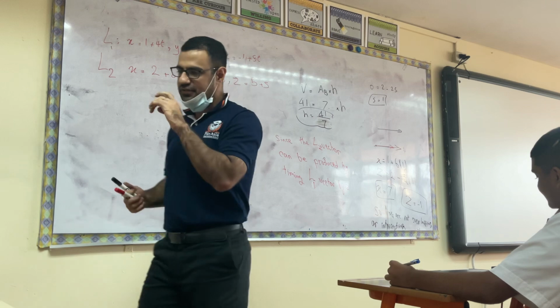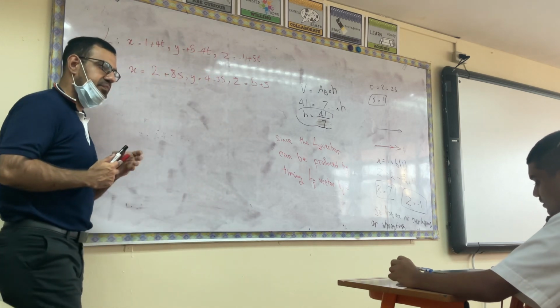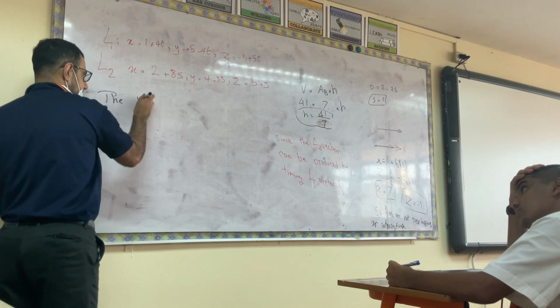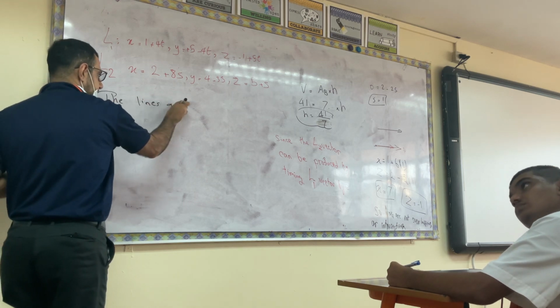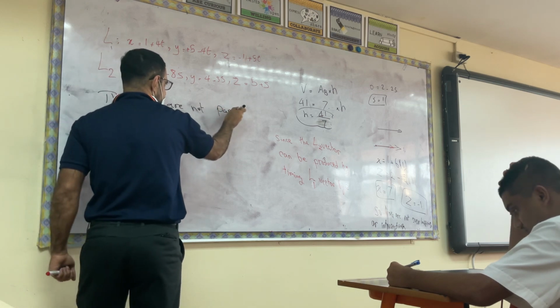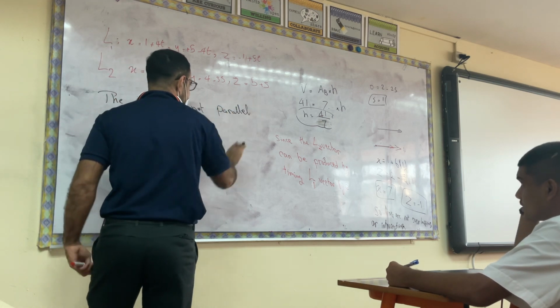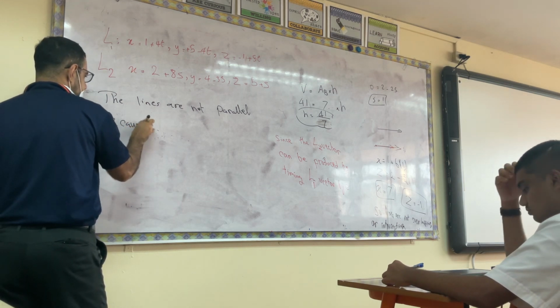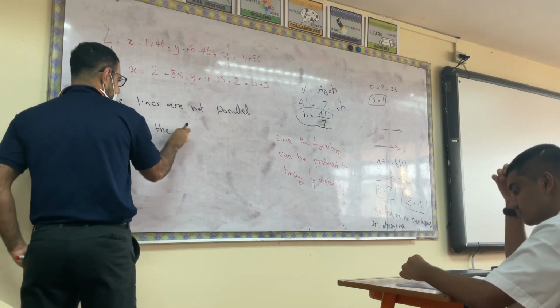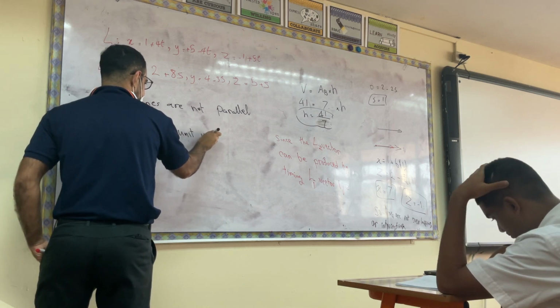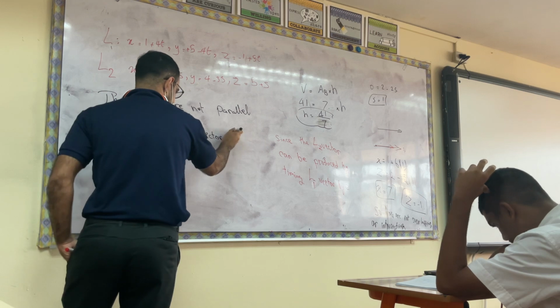Okay, first, are they parallel or not? No, the lines are not parallel, because there is no scalar that can possibly make them so. The vector of L2 cannot be produced by L1.